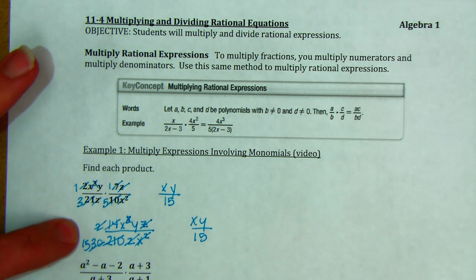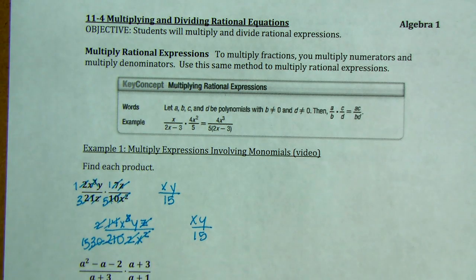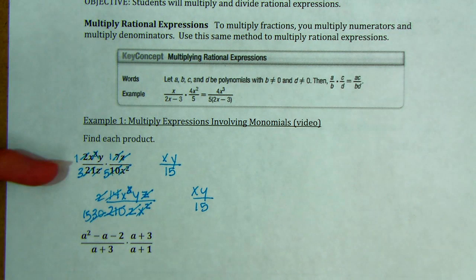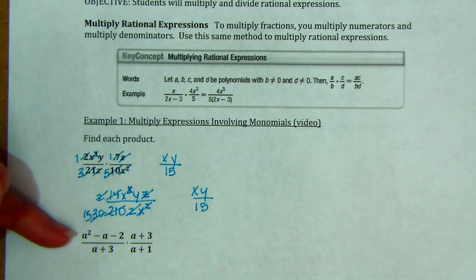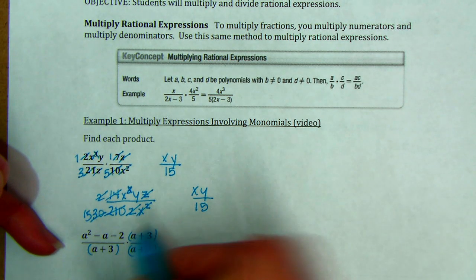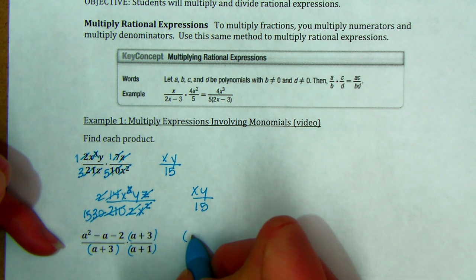That's when we've got monomials. When we've got binomials and trinomials, we have to factor first because we can only cancel or simplify when it's products. So take a look at this. These two are already in products, but we are going to factor the numerator in this top one on the first to make it two binomials. So we have a minus 2 and a plus 1 all over.